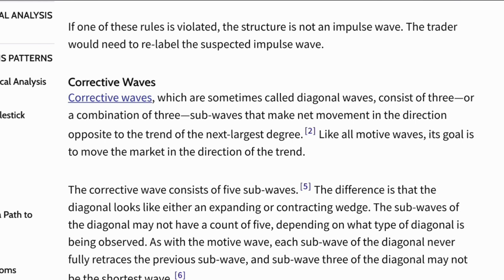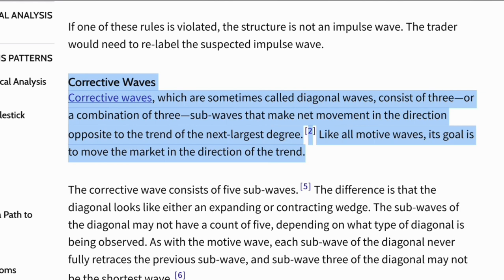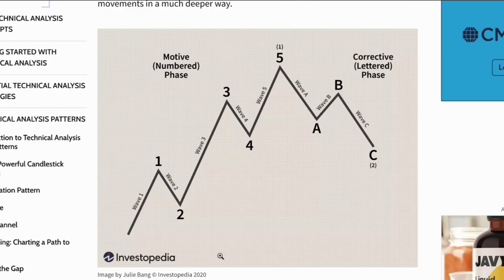And what are corrective waves? Corrective waves consist of 3 sub-waves that move in the direction opposite to the trend of the next largest degree. Back to the image. Since wave 1 to wave 5 is a big uptrend, wave 2 and wave 4 are corrective waves that are moving in the opposite direction.